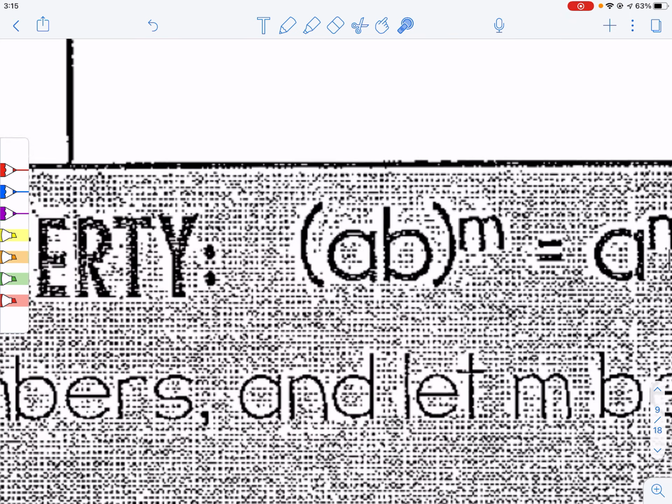Okay, so to find a power of a product, find the power of each factor. So these inside, these are factors. And multiply it out. Okay, so we just take this m up here, we bring it to each of these factors, and we write it as a to the m, b to the m.